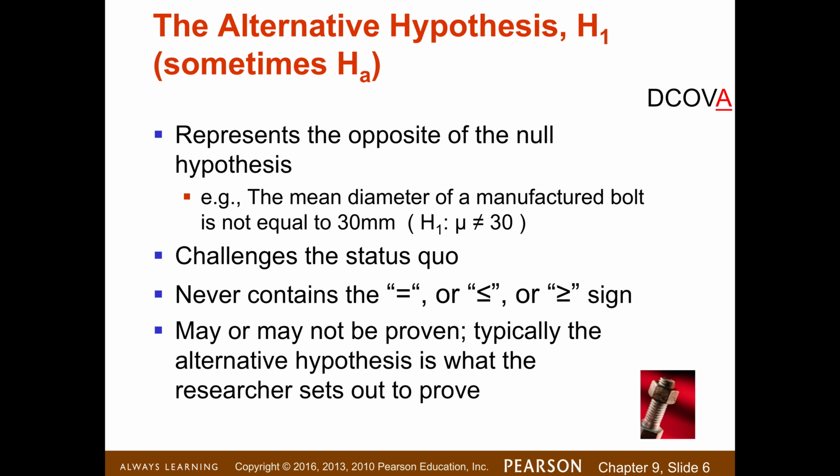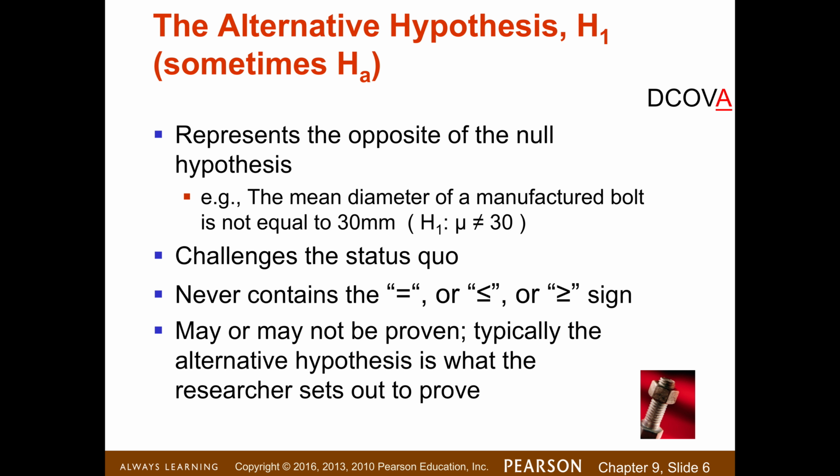Now, the alternative hypothesis, again, it's either H sub 1 as used in this textbook, and sometimes it's H sub A, represents the opposite of the null. Now, guys, I like to think of the H sub 0 as kind of the lazy statement. The H sub 0 is, everything's fine, that machine, there's nothing wrong with it, we don't need to test it.